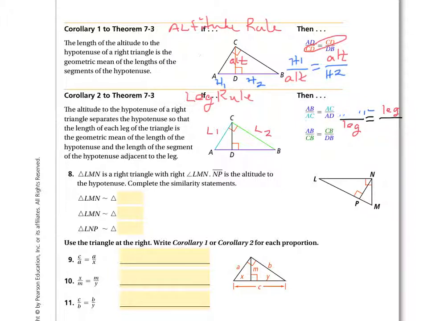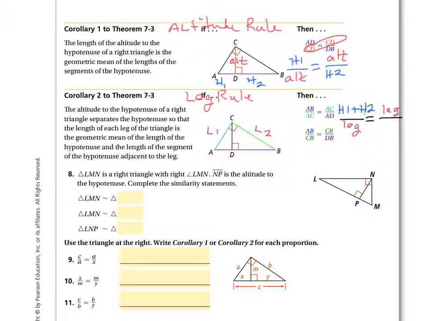Let me try to write it a whole lot neater. We're going to take H1 plus H2. That's the entire hypotenuse, because the leg does not cut the hypotenuse.